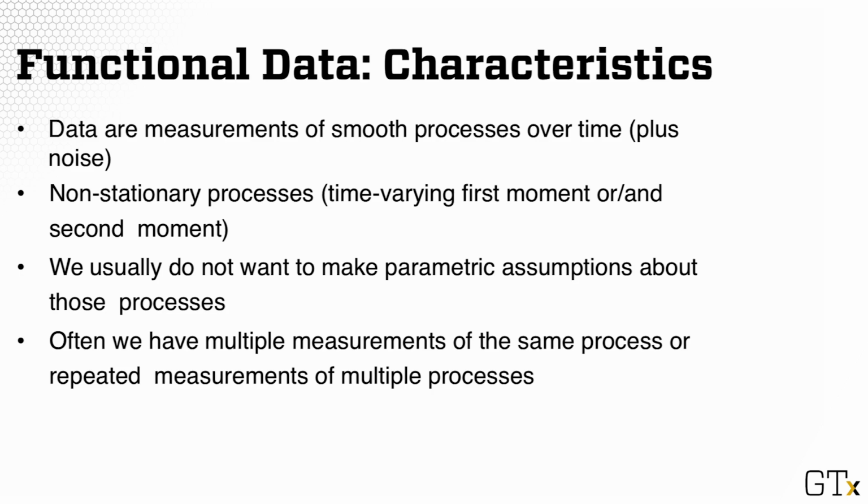We usually do not want to make parametric assumptions about those processes. We use non-parametric or semi-parametric approaches to estimate the first and second moments of the generating process. Often we have multiple measurements of the same process or repeated measurements of multiple processes, also called multi-level functional data.